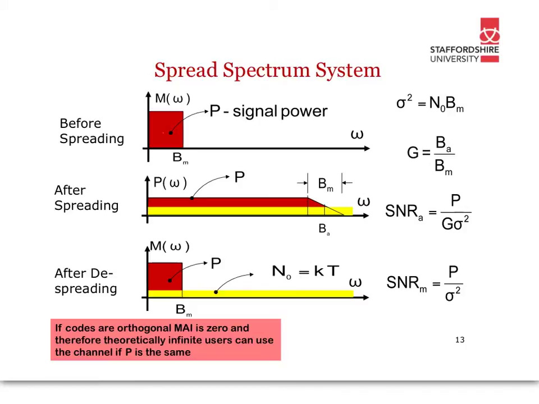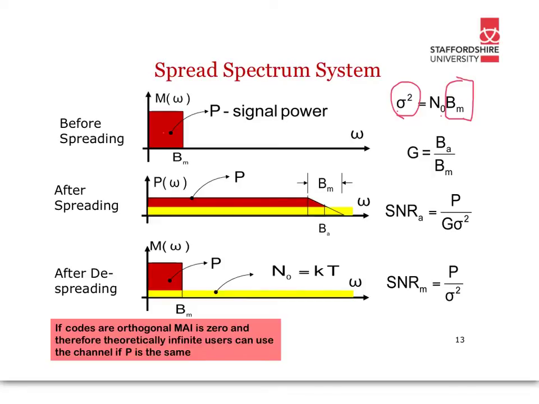The noise is determined by sigma squared, which is the variance of the noise power, times the bandwidth of the message only. This is important, that it's only the bandwidth of the message. But the processing gain is BA over BM, as we've just shown.